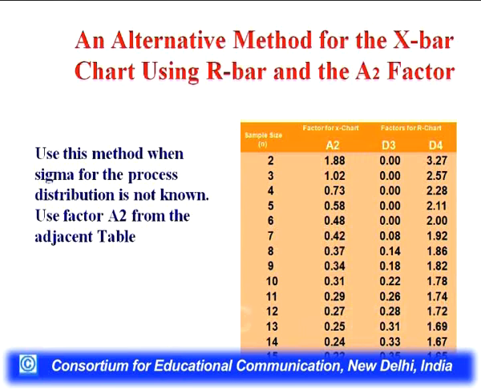The first column gives the sample size, the second column gives the factor A2, the third column gives the D3 factor and the fourth column gives the D4 factor. Against the sample size, we read A2, D3, D4, and make use of these factors in calculating the upper control limit and lower control limit. We will explain how to do it.